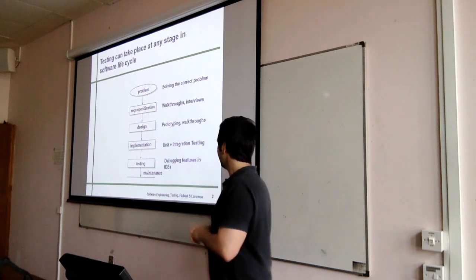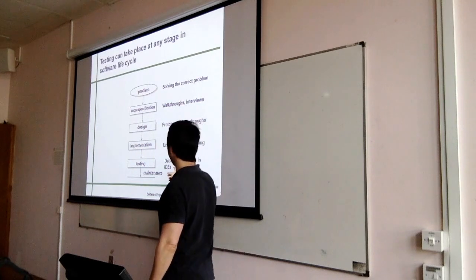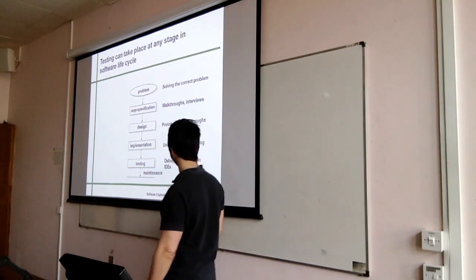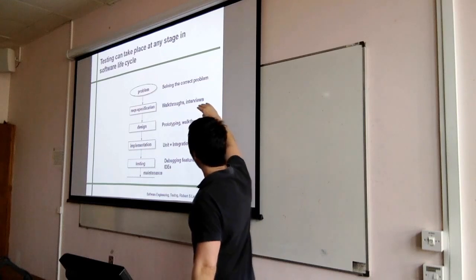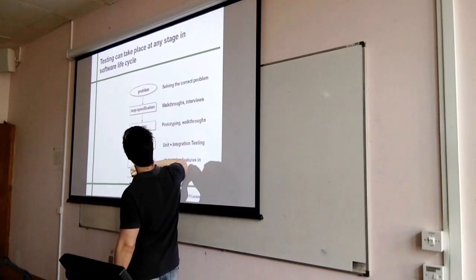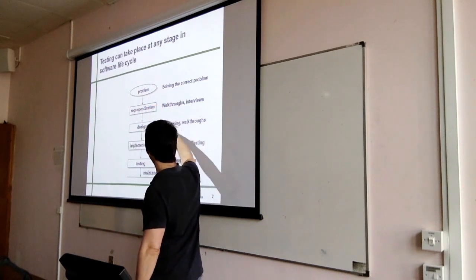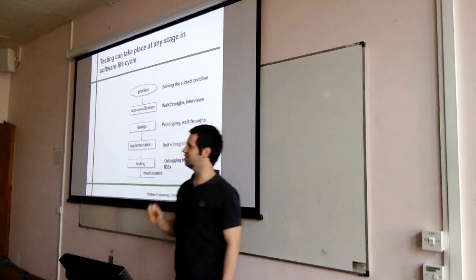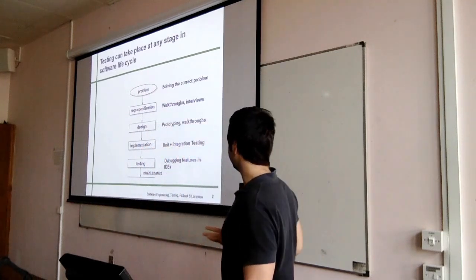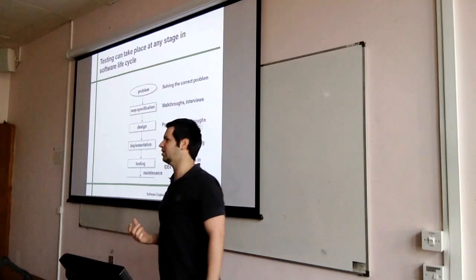And this is what people usually think of when they hear the word testing, they think of this stage that happens after everything else. So there's a problem statement, a requirement specification, design, implementation phase, and then they think testing comes at the end and there's nothing before. That's not a fully informed picture of testing.